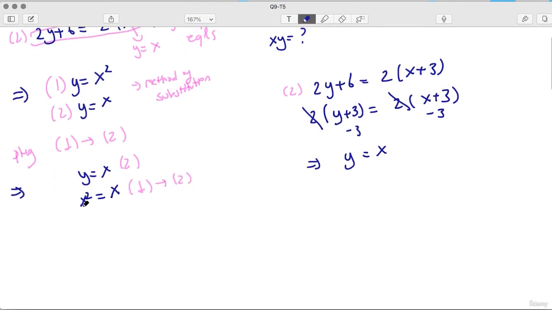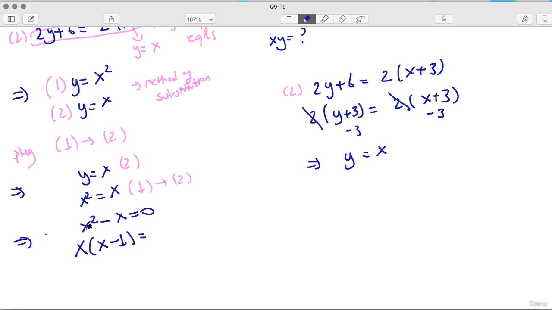Now let's subtract x from both sides. We get x squared minus x equals 0. And now I'm going to factor the left side. It's a second degree equation and the other side is 0. What do we do then? We factor. One way to do that is to take x out in parentheses.